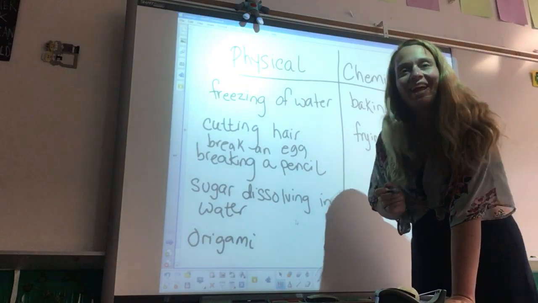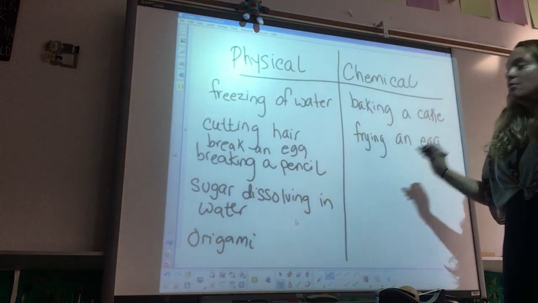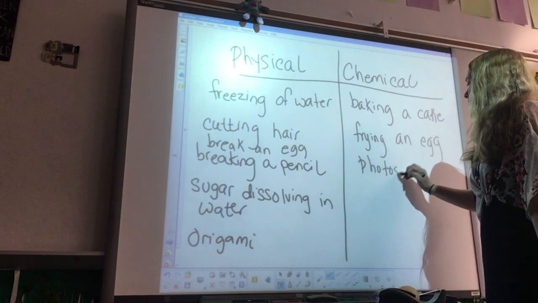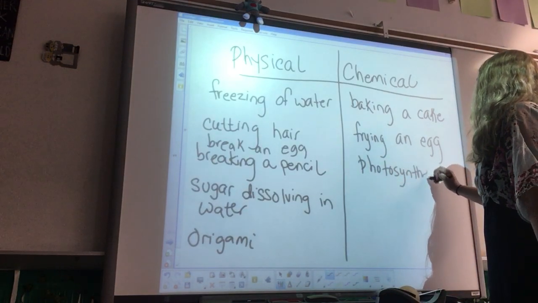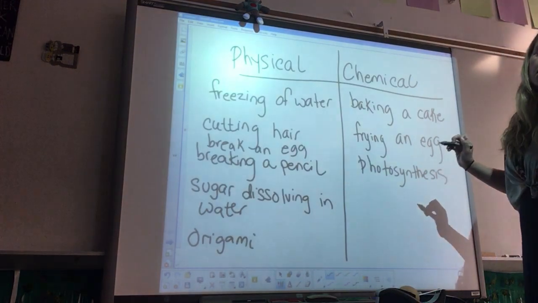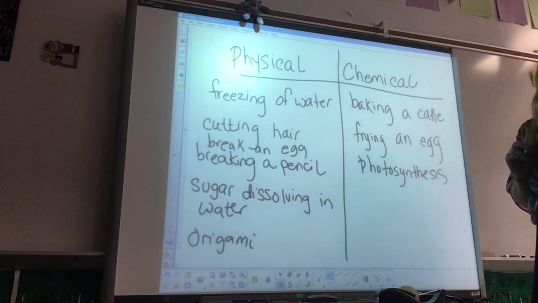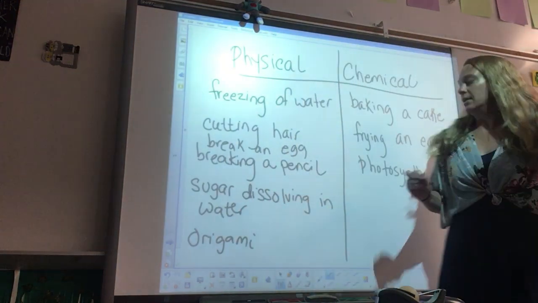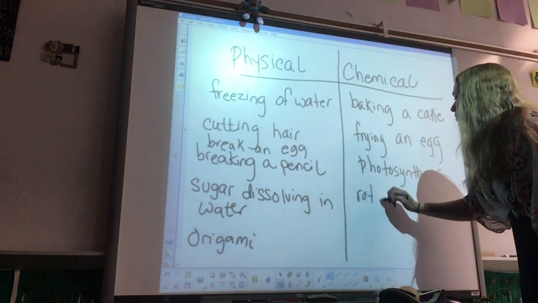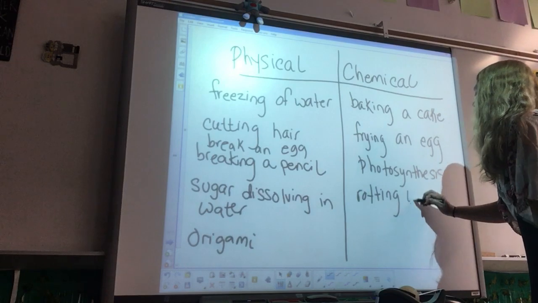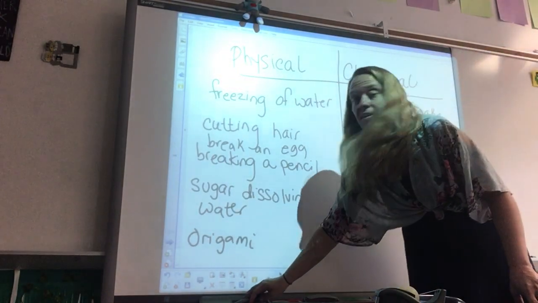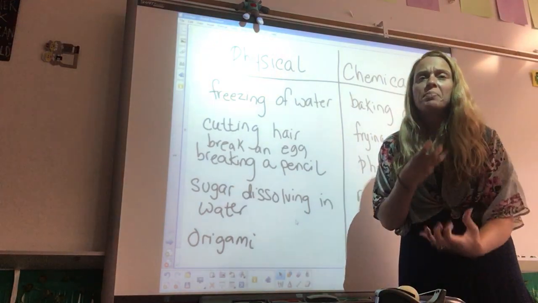Not break a leg, break an egg. Photosynthesis. Let's see. I had something over here. Oh, rotting wood. And once wood starts rotting, it's not going to go back to that nice solid piece of wood that it was before.